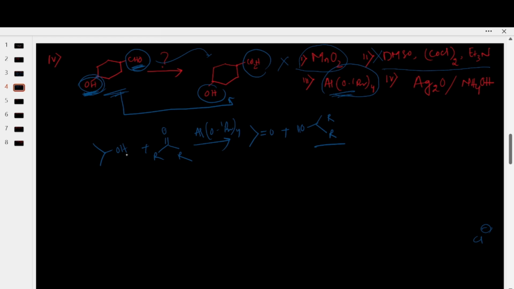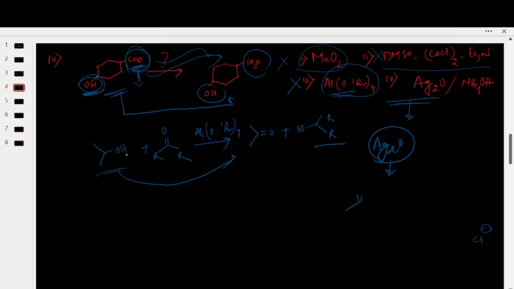So here also the alcohol is oxidizing to a carbonyl group, but in our question only the aldehyde group is converting to carboxylic acid. So this option is also wrong. So the remaining is silver oxide. Silver oxide is the specific reagent used to convert aldehyde to carboxylic acid.